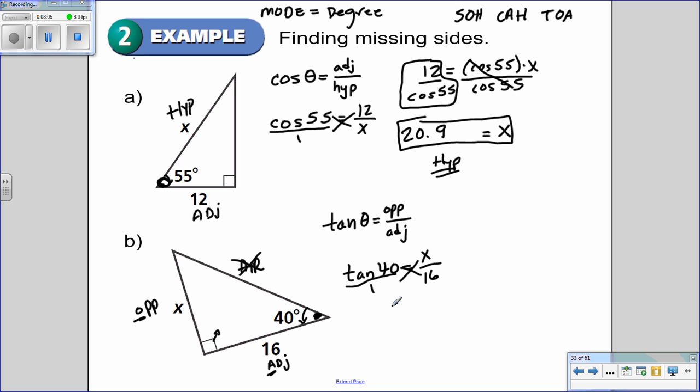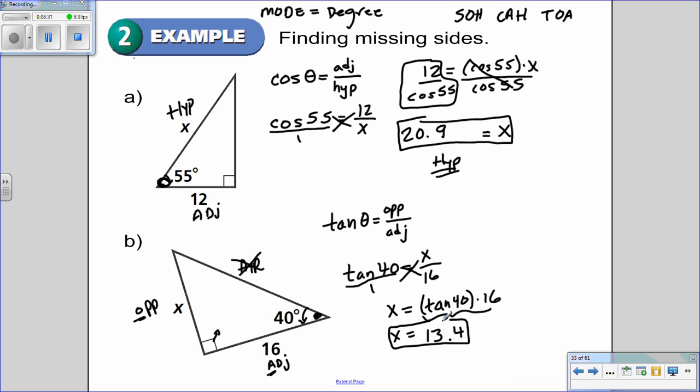X times 1 is x, and over here we're going to do tangent 40 times 16. So I'm going to go ahead and calculate that on my calculator. Tangent of 40 times 16. Rounded to the nearest tenth, you get 13.4.